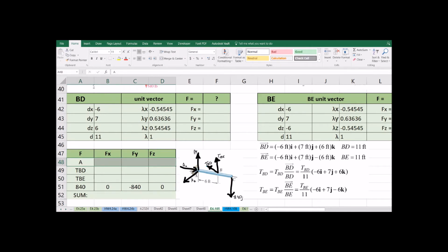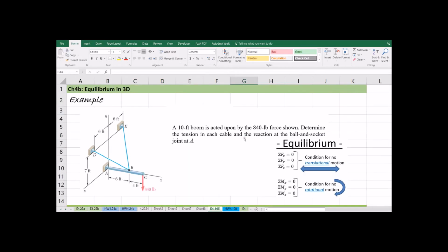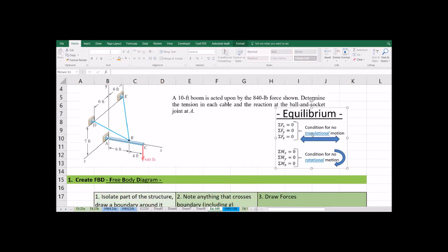Usually in these problems, you're not going to start with all of your force equations. You have more unknowns in your force equation than in your moment equation. We're going to start our algebra and our solving with the moments.